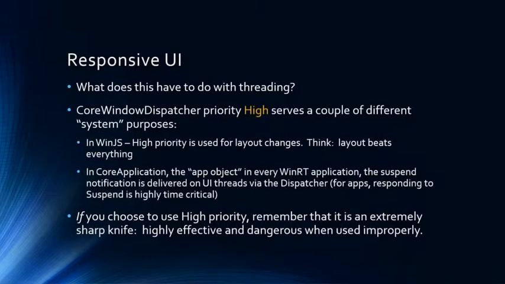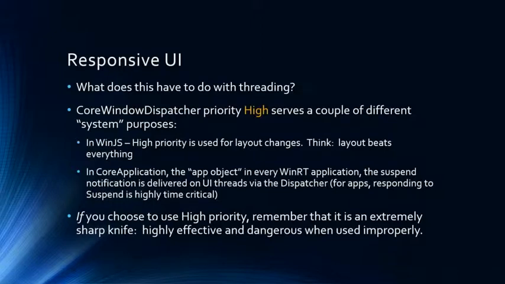Okay, so I promised to tell you about high priority in the dispatcher. We use it for two purposes in the system that I'm aware of. So the HTML, CSS, Windows web app infrastructure runs on something we call WinJS. And it uses high priority for layout changes.